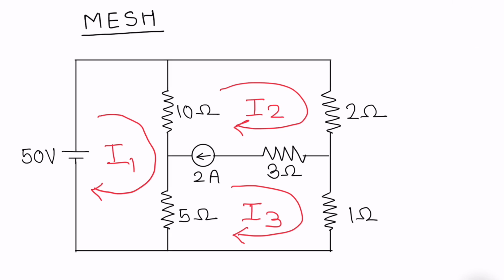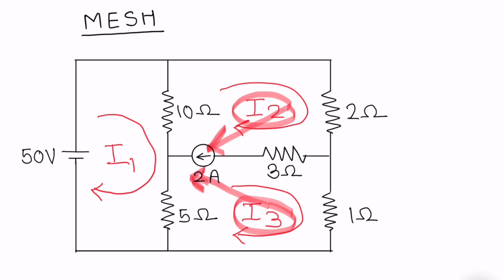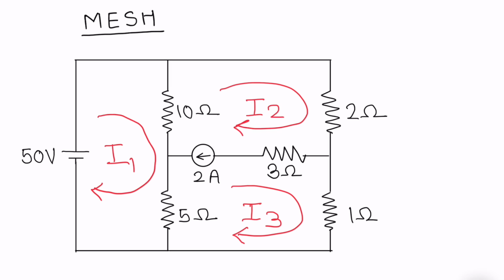So now we have to represent this 2 ampere current source in terms of unknown currents. How many currents are flowing through this 2 ampere current source? Two currents, I2 and I3. Let us see the directions of the currents.